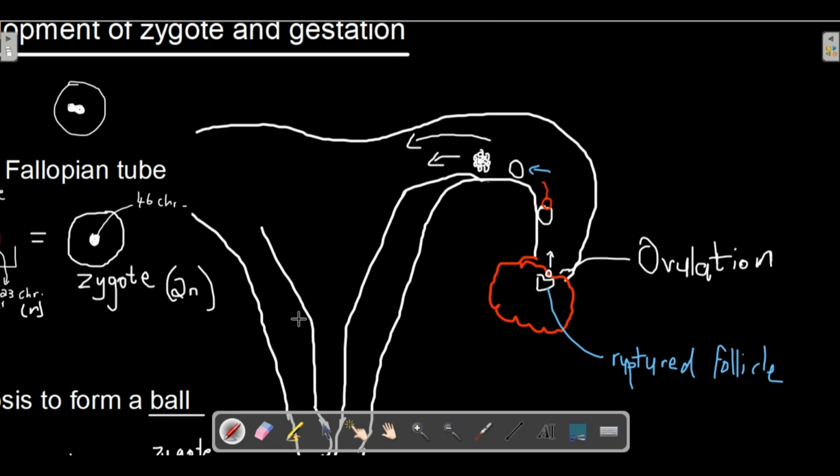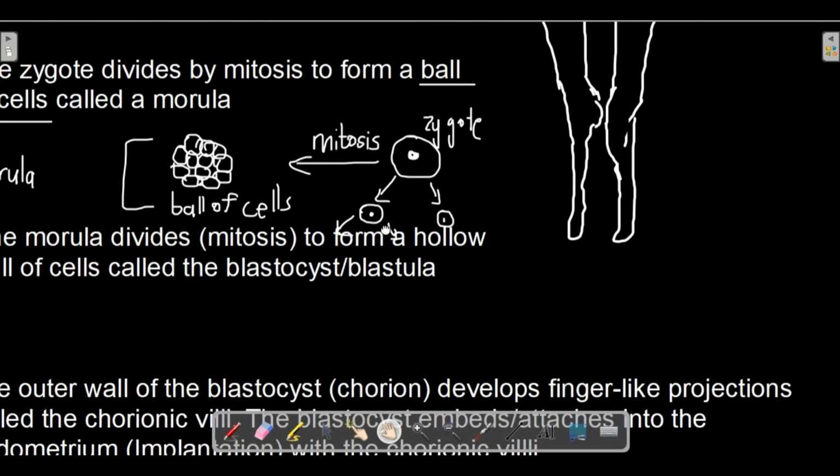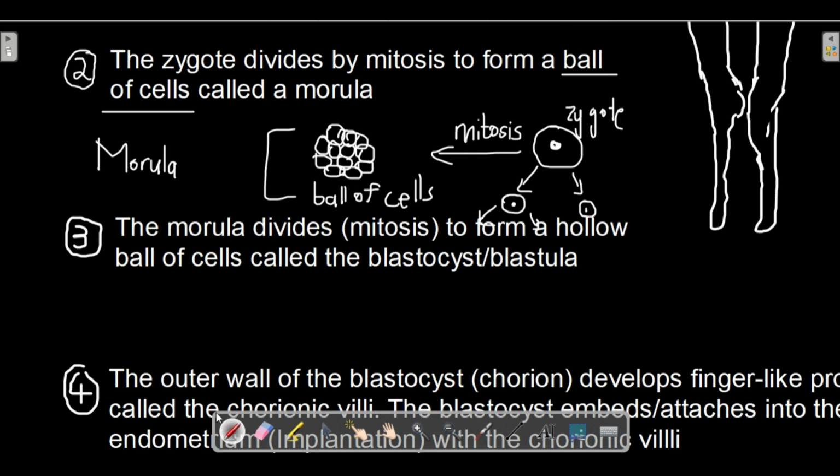Now the morula further divides by mitosis again. We had that morula that formed a ball of cells. Now it's going to divide further, again by mitosis, to form a hollow ball of cells.